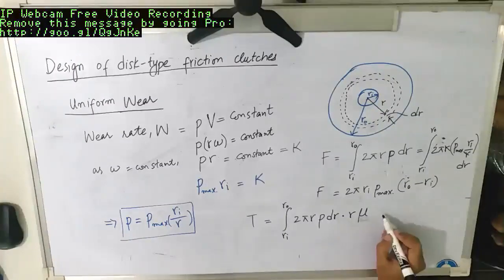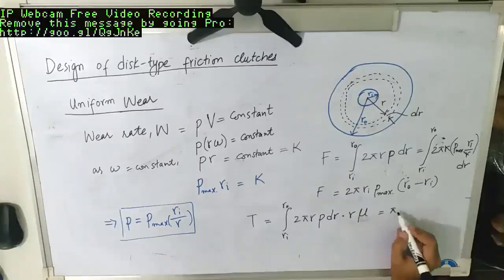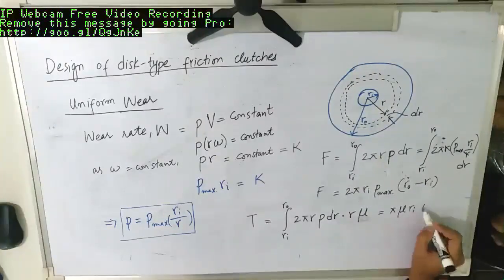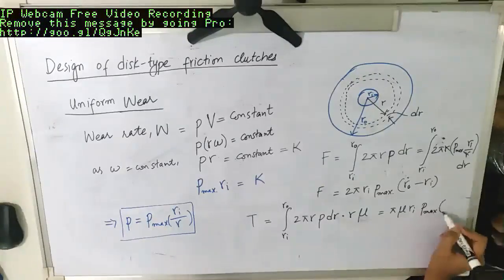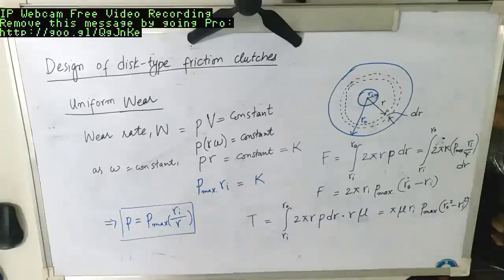So we have to multiply by mu to get the frictional force, and then we multiply by the R. So what we will get is pi mu Ri P max R naught square minus Ri square.